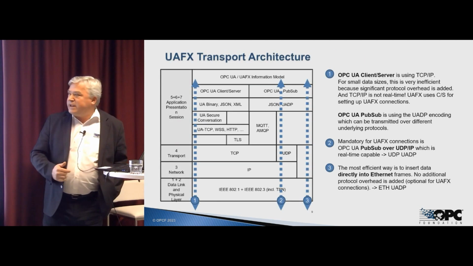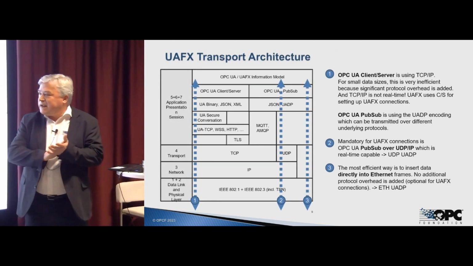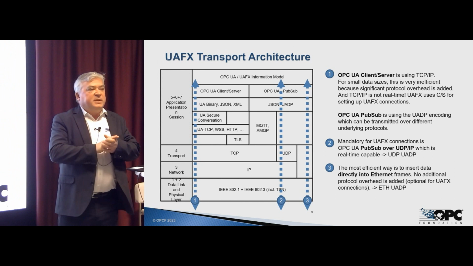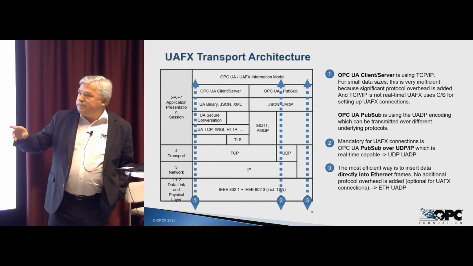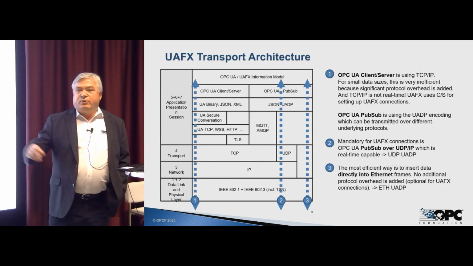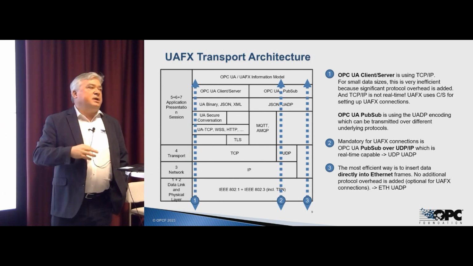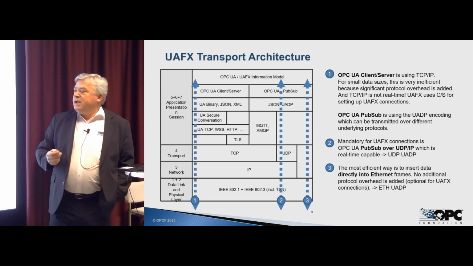Now, with regard to transport, I think this slide is helpful to explain a little bit how we are able to meet the different needs. So first of all, on the left-hand side, you see with number 1, the TCP/IP that is used by client server.